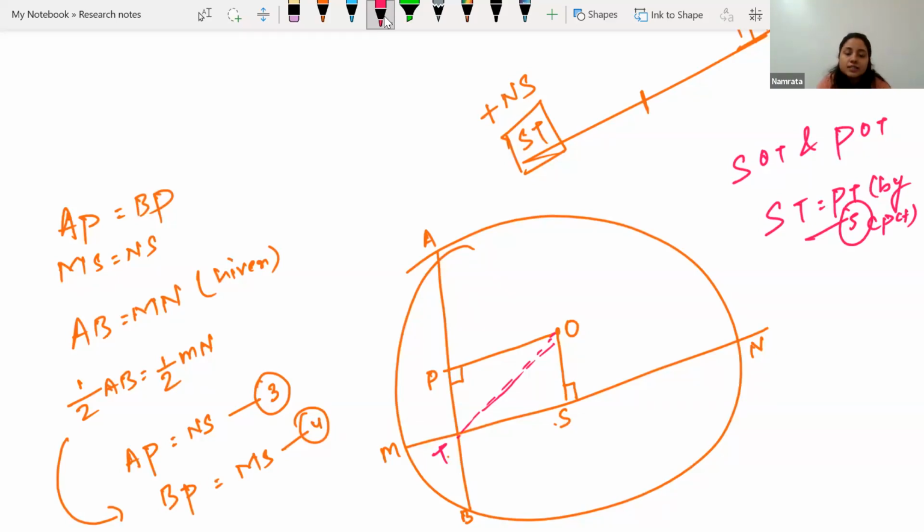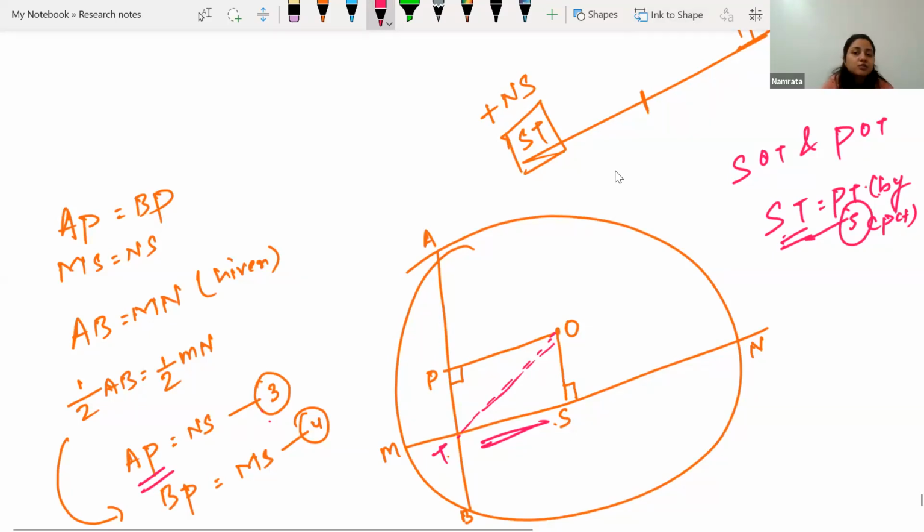After getting ST is equals to PT, we are adding it with equation number 3. So we are adding equation number 3 and equation number 5. But be careful. If you add ST with AP, you will not get anything. So we have to make the equation properly first and then we will be adding.